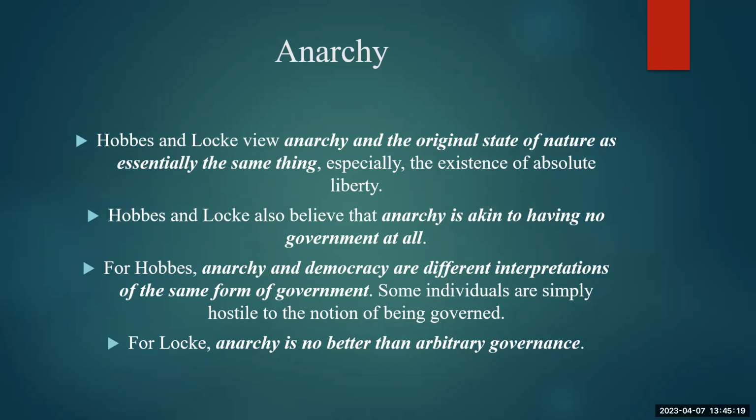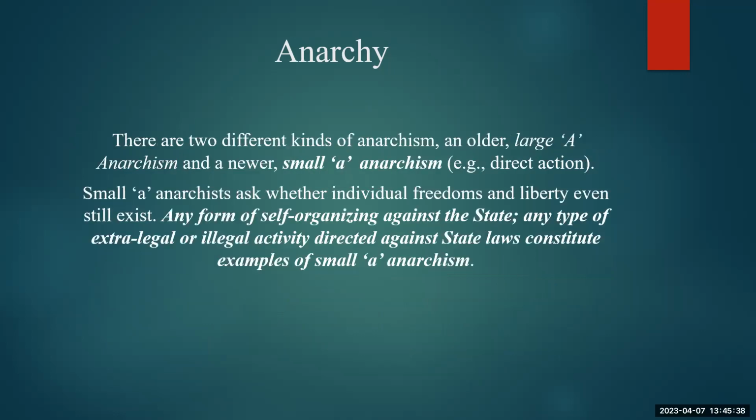And Locke, again, thinks anarchy is no better than an arbitrary government, a petty government. There's no consistency. So anarchy is a response to inconsistency, arbitrariness, or a violent, volatile government. But the idea is already in the social contract.